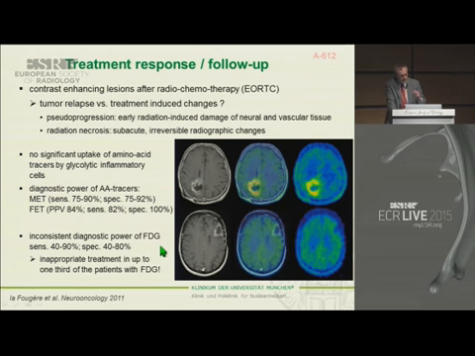So FDG is here clearly not suitable, since you have very inaccurate results, and 1/3 of the patients would receive an inappropriate treatment.